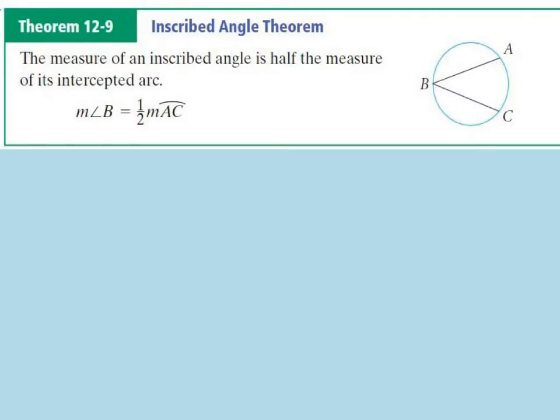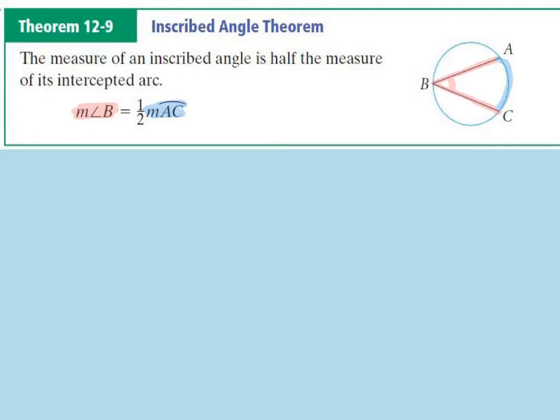So the theorem associated with this says that the measure of an inscribed angle is half the measure of the intercepted arc. So if we have the angle as shown here, which is my angle B, it's 1/2 times the measure of the intercepted arc, which is AC.